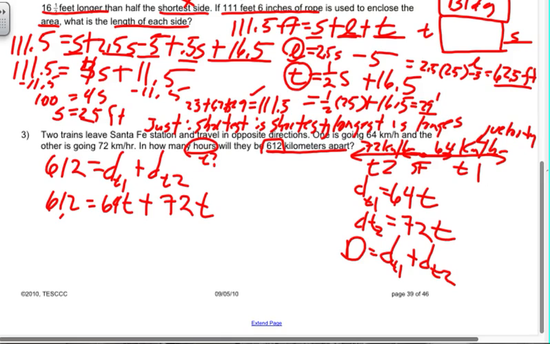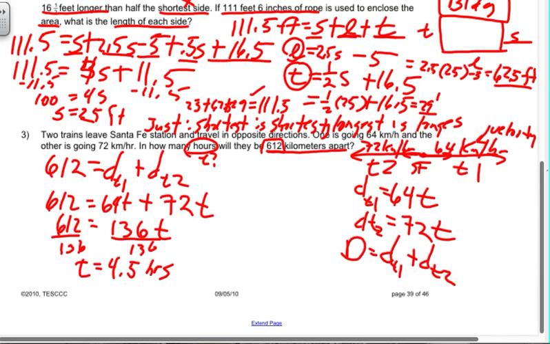And I solve for t. 612 is going to equal 64 plus 72, which is 136t. And then I divide by 136. And I find that my t is going to be 4.5 hours.